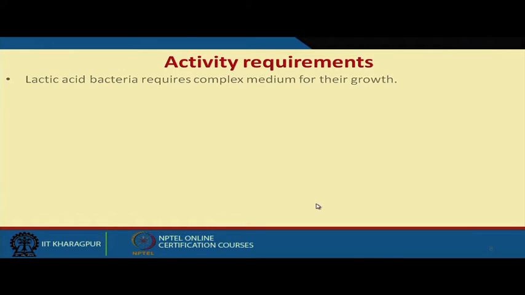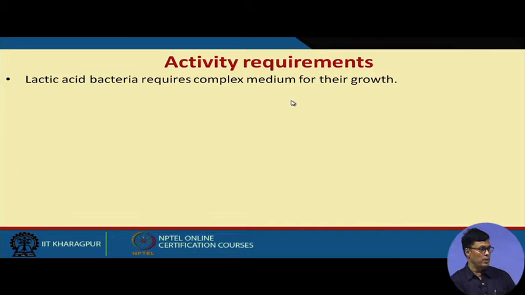Now, the lactic acid bacteria require complex media for their growth. Here I want to point out what we mean by complex media and synthetic media. Complex media means the exact composition of the media is not well defined. For example, when we use yeast extract or any kind of natural product in the media, it is very difficult to define the composition.